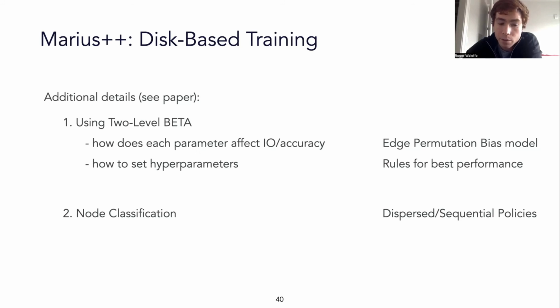And in our paper, we analyzed how each of these quantities affects training time and model accuracy, the latter of which we approximated using a model we developed termed the edge permutation bias. And we provide automated rules for setting the hyperparameters to maximize performance. And finally, while we mentioned this two-level beta policy by name for iterating over graph edges, Marius++ also contains two-level disk-based training policies for iterating over graph nodes, which we term the dispersed and sequential training policies.